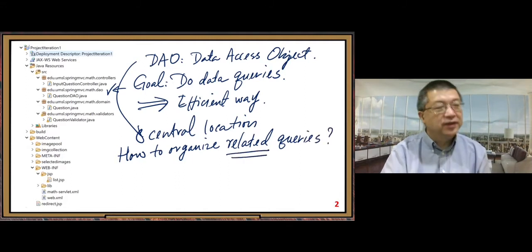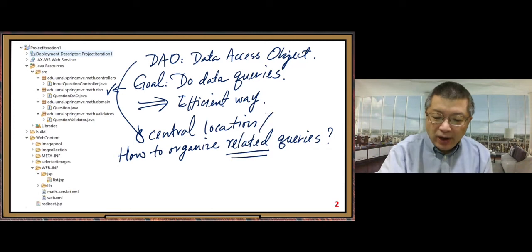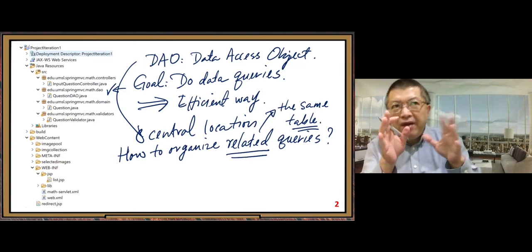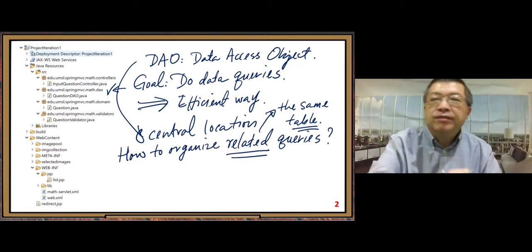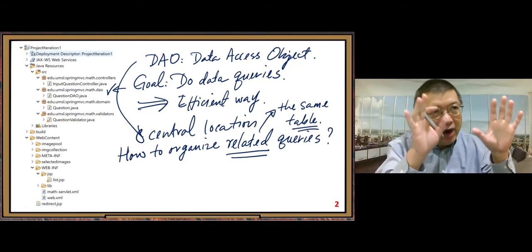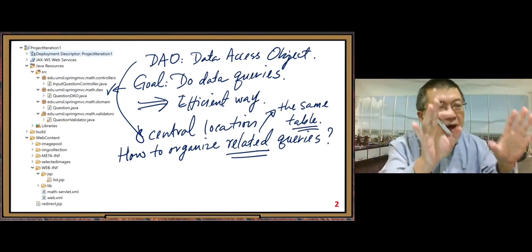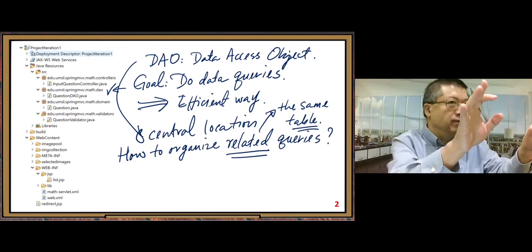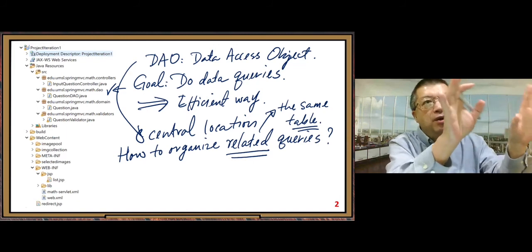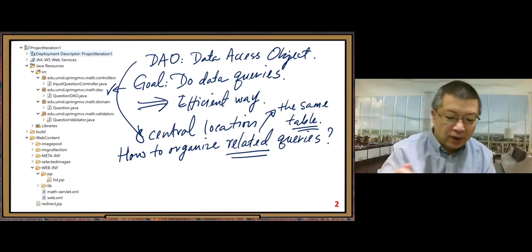What do I mean by related? Related to the same table. For the same table, you may have many different queries. So we put all the queries related to the same table in one Java DAO class file.